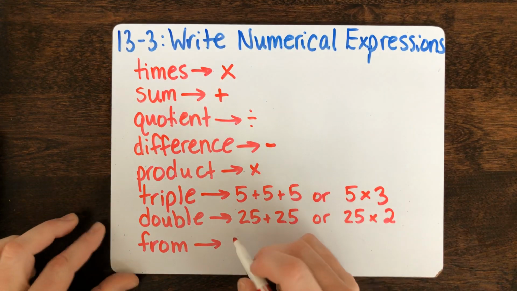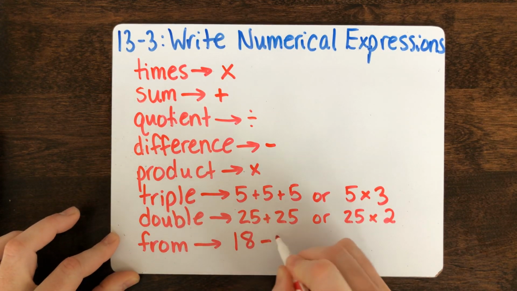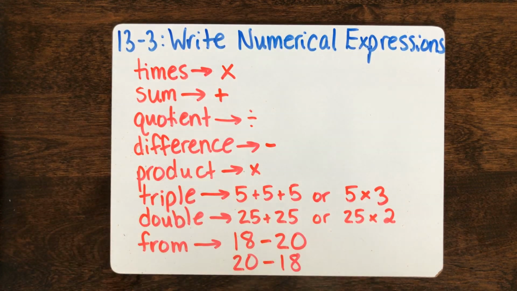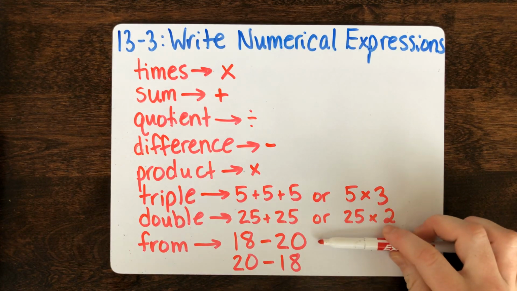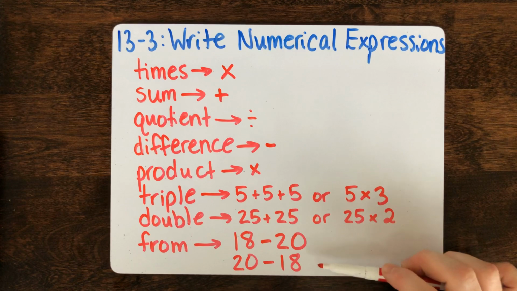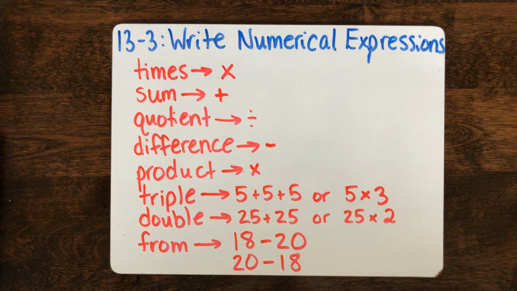Okay? So take 18 from 20. Do you think you'd write it like this? Or do you think you'd write it like this? Is this taking 18 from 20, or is this taking 18 from 20? All right, so actually this is taking 18 from 20.